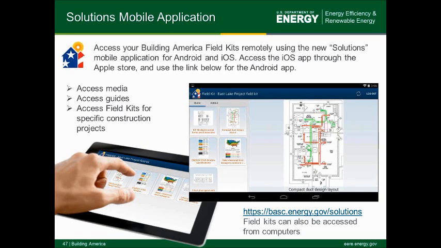This is the application available for both Android and iOS or Apple devices. You can access the Apple app through the Apple Store, but you cannot access the Android app through the Google Store. You have to just get it directly from our site. So again, it's available directly from the homepage, or the URL is written in blue there.